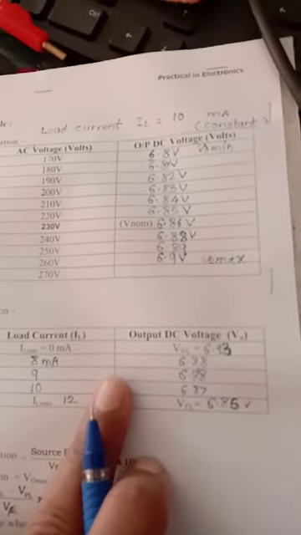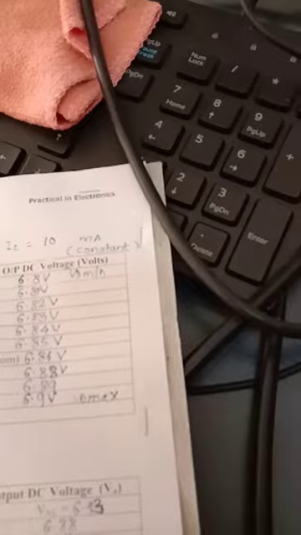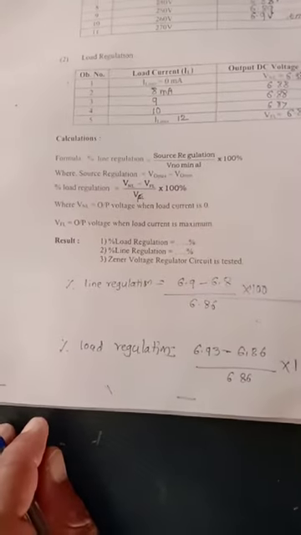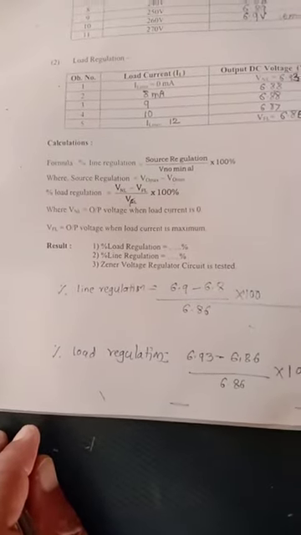Here VNL is 6.93 minus VFL, which is 6.86, divided by VFL, again 6.86, into 100. Then you can calculate percentage load regulation.